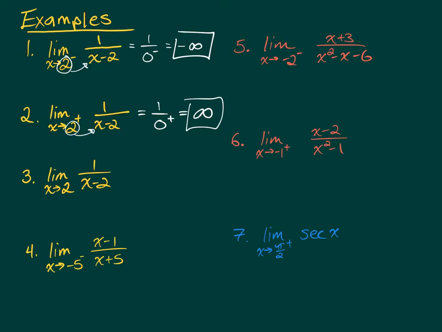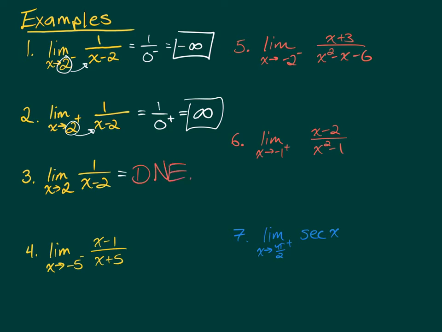And again, in example 3, the limit from the left is negative infinity. The limit from the right is positive infinity. These two things do not match, so this limit does not exist.